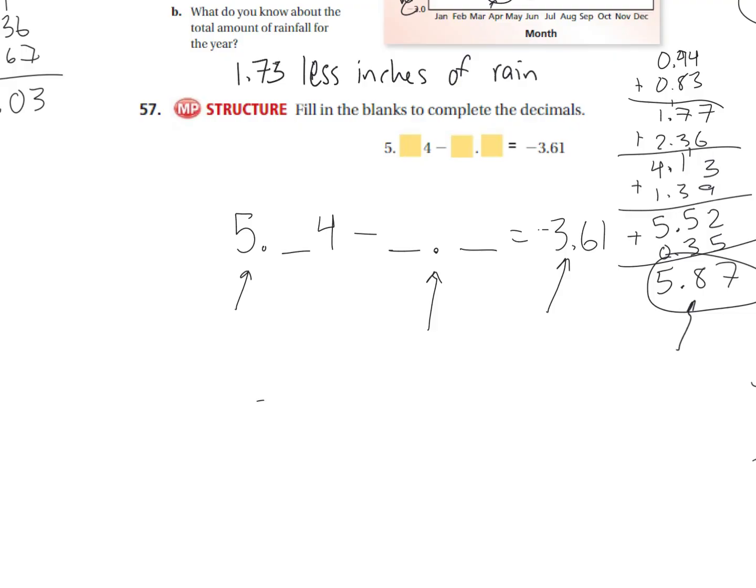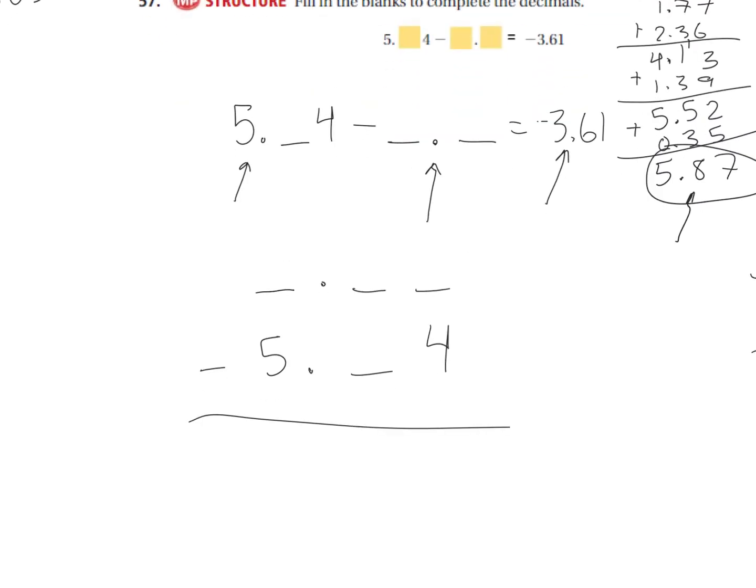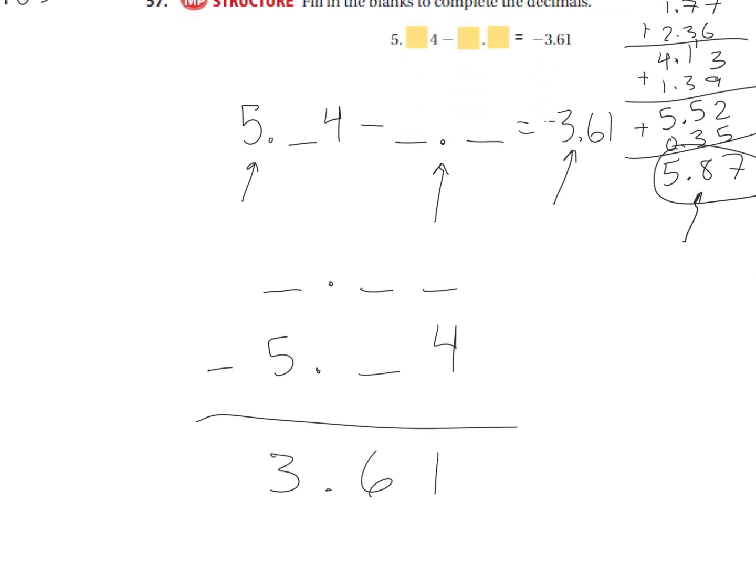So I'm actually going to put that on top. I'm going to take away 5 point something 4 to get me to 3.61. And the reason I changed it from negative to positive here is because at the end I would change it to negative, but I want to figure out what this was in the first place.